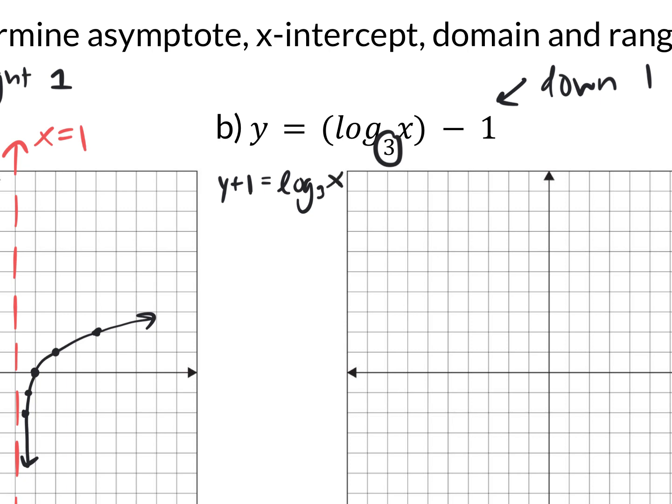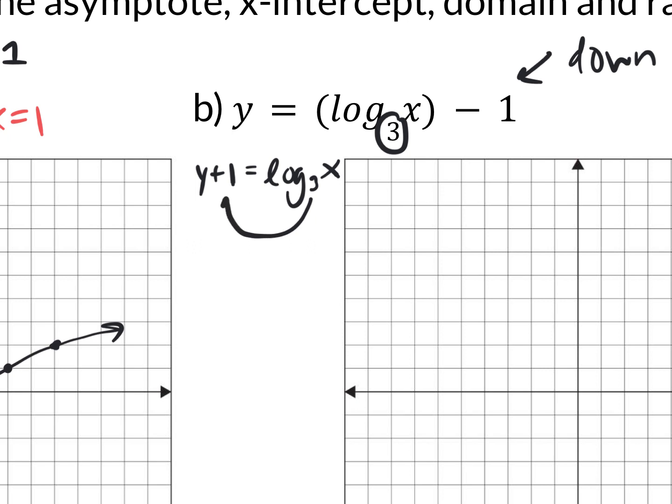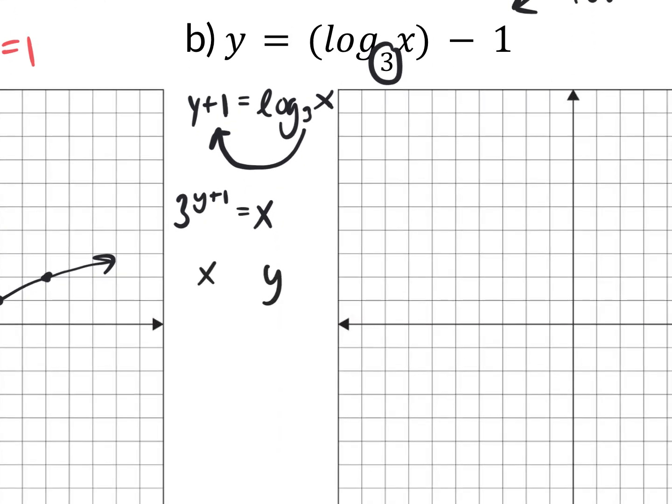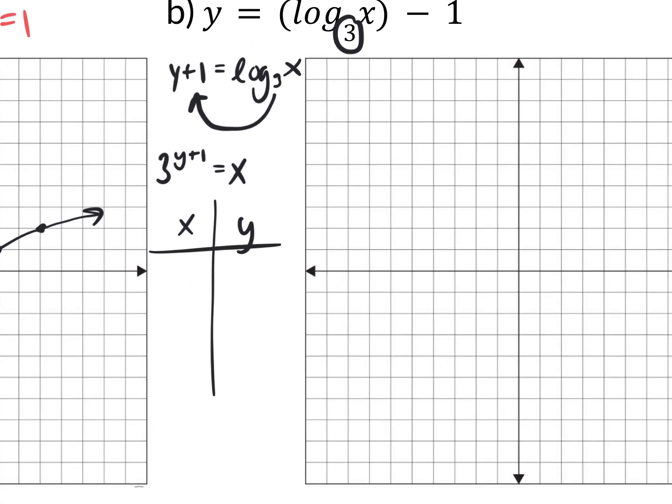And now I can rewrite this as 3 to the power of y plus 1 is equal to x. So this is now my function that I'm going to plug in values for. If I have my x and y chart, I am plugging in values for which, x or y? Y, so that I can actually evaluate them.